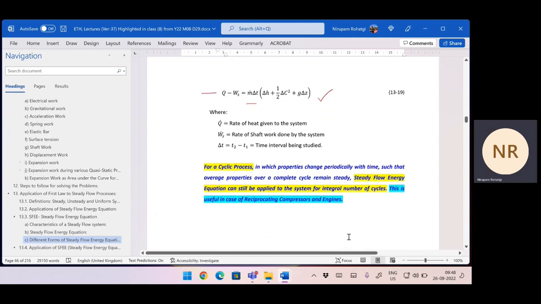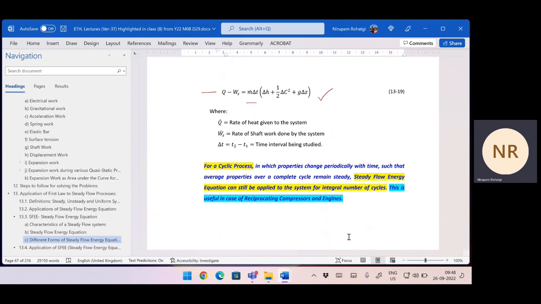Now, this whole thing can be applied to a cyclic process also. Now, what is a cyclic process? In a cyclic process, the properties change periodically with time. So what is happening is, the system is such that the mass and properties are changing with time, but they come back to the same point after the cycle is over.